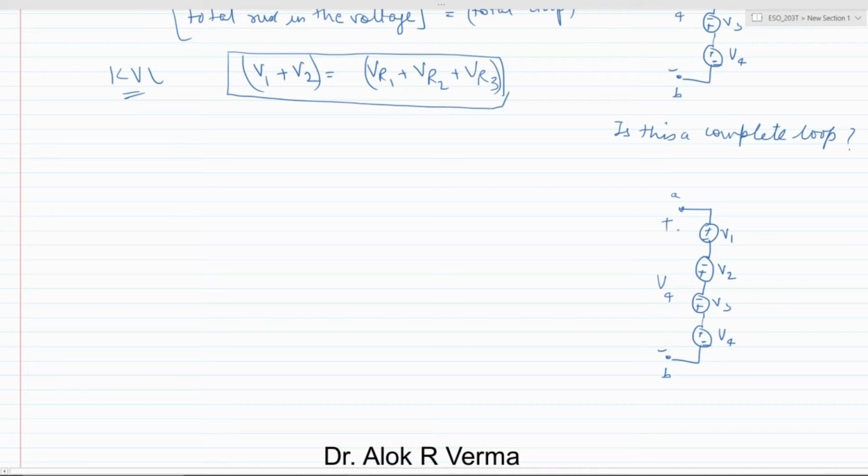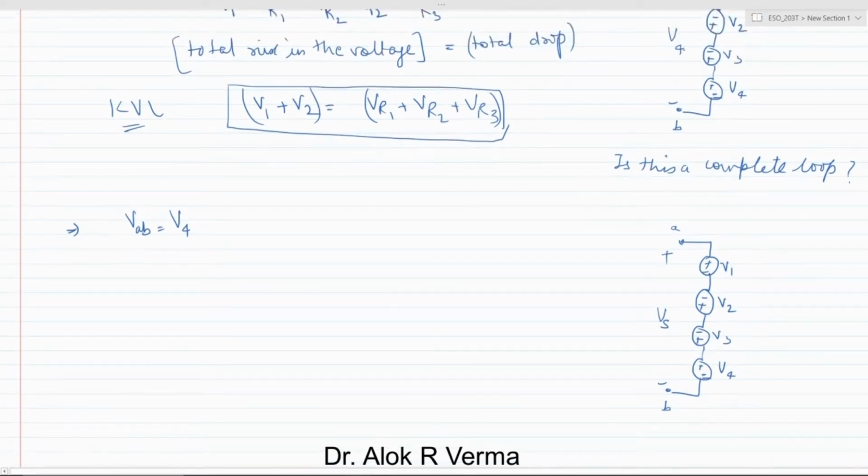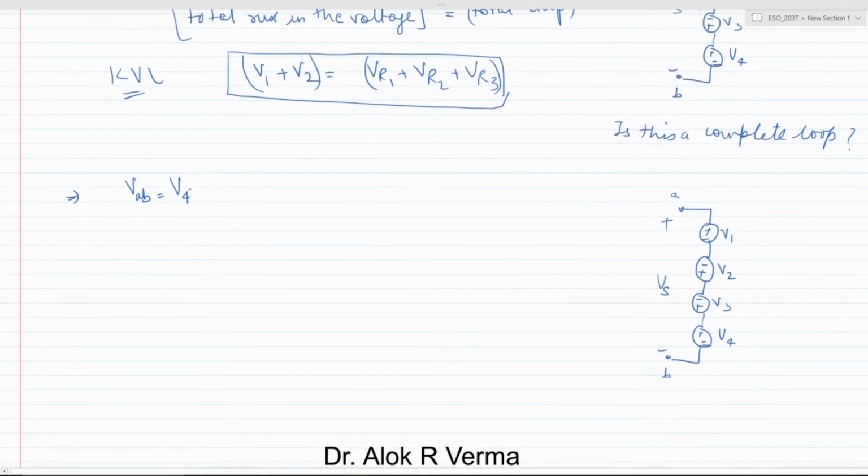Now it is not visually connected, but we know the potential difference between A and B, right? So it means that this forms a loop. Okay, so now VAB is nothing but V4. Now we can call it VS, so that V4 does not get confused. So this is nothing but the VS. So here also we'll just change it to VS. Now VAB is nothing but VS.